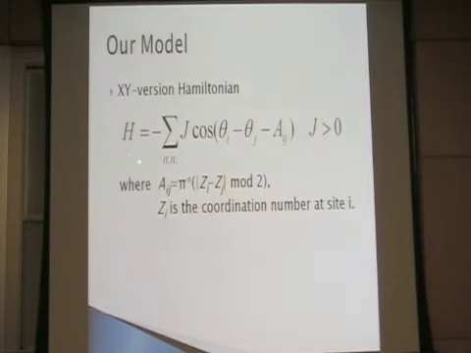We can see from this XY Hamiltonian that if A_ij is 0, the coupling is ferromagnetic, while if A_ij is pi, the coupling is antiferromagnetic. By including both ferromagnetic and antiferromagnetic bonds, we have the whole system frustrated.